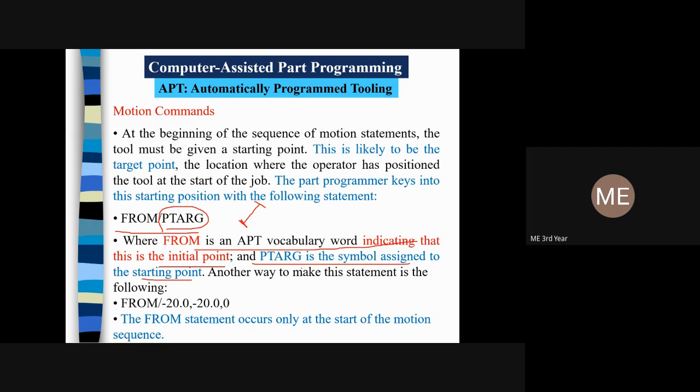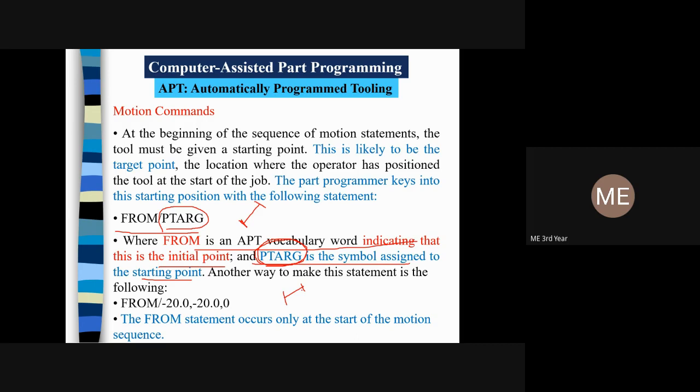So initial point and starting point, like in CNC, you know. PTARG is the home position of the tool. This is specified by the manufacturer of the CNC machine. Just like G28 is the home position of the tool, PTARG is the home position of the tool.